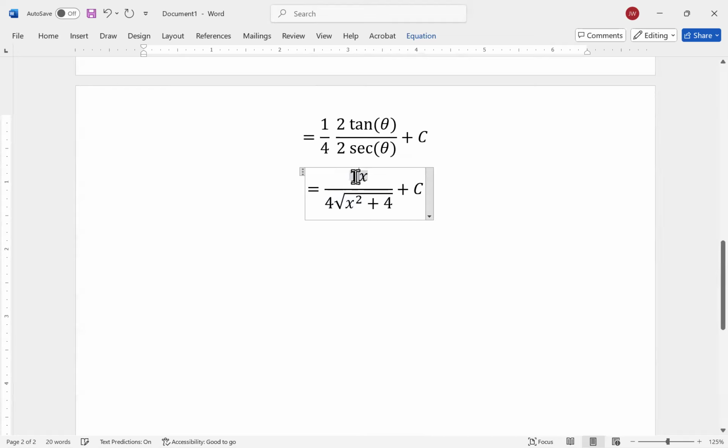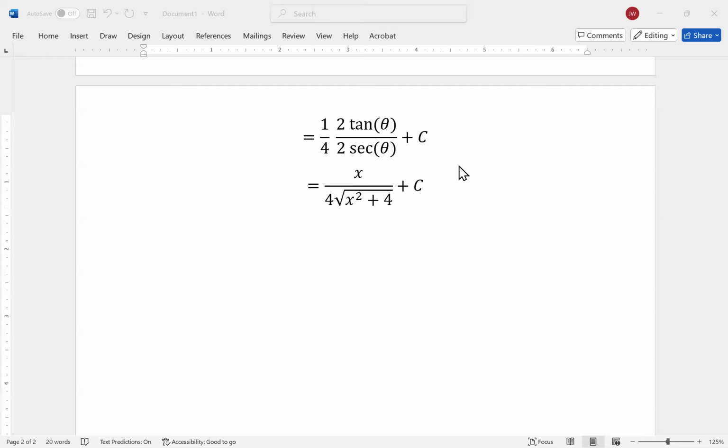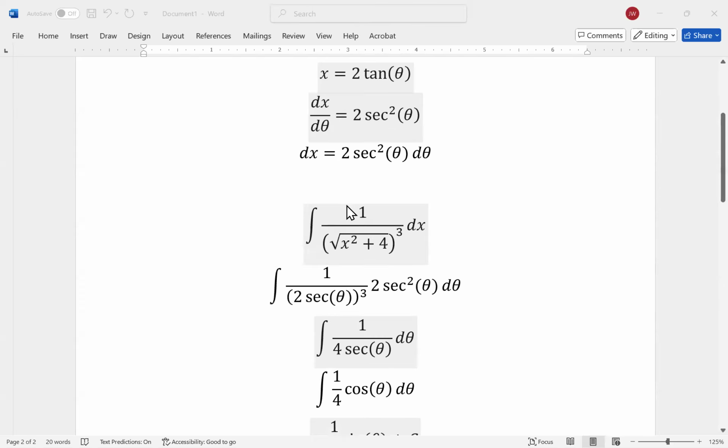Obviously, 1 times x, I put a 1 and a 4 out front because that's what's happening. But if you don't want to write that 1, that's perfectly fine. So that would be my final answer. That is the antiderivative. So that is the answer to the question, how do we integrate 1 over x squared plus 4 to the 3/2 power with respect to x?